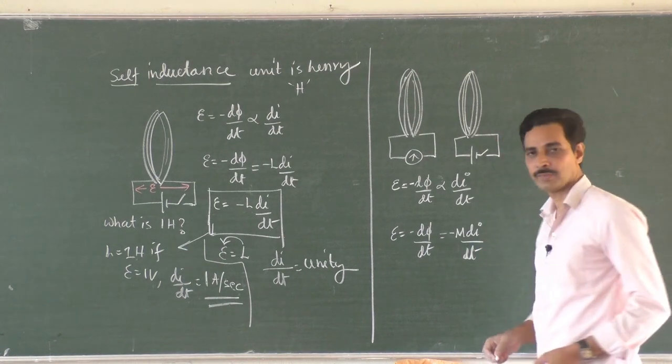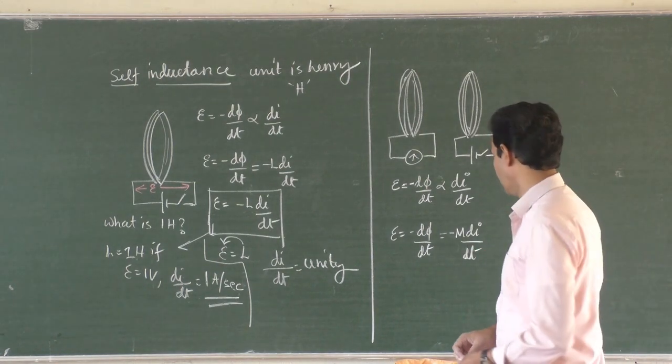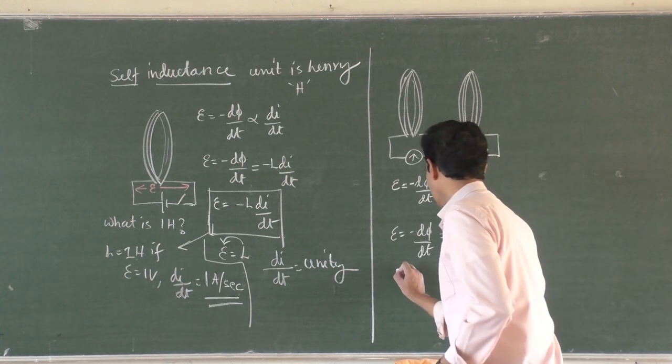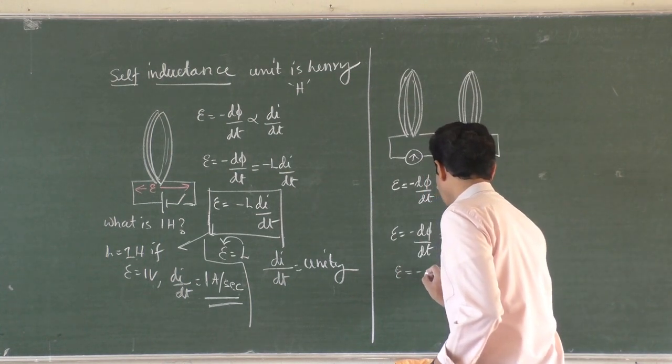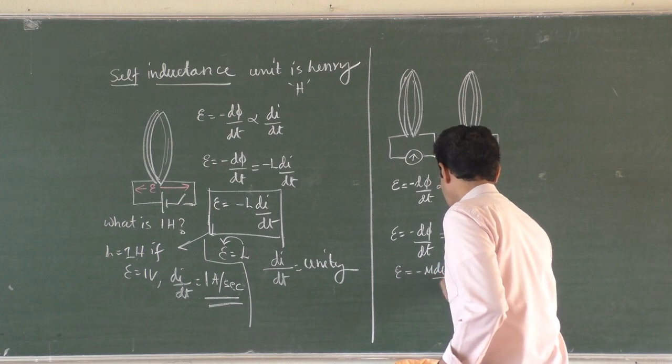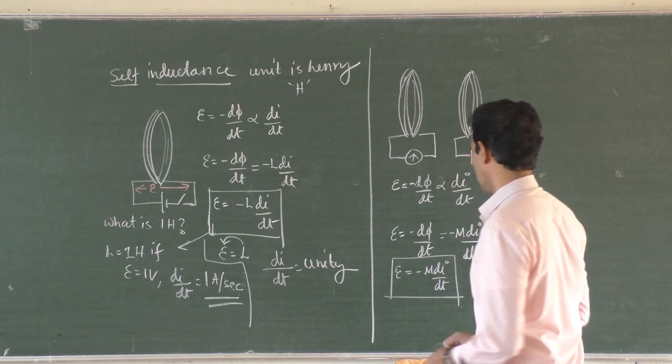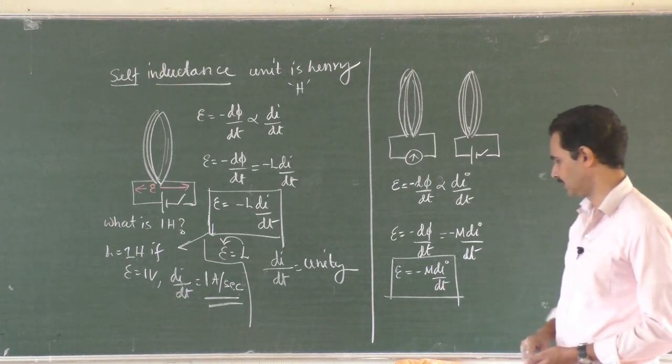Right? Now you will take this E as minus M di by dt. The minus sign is in accordance with the law of conservation of energy, that is Lenz's law.